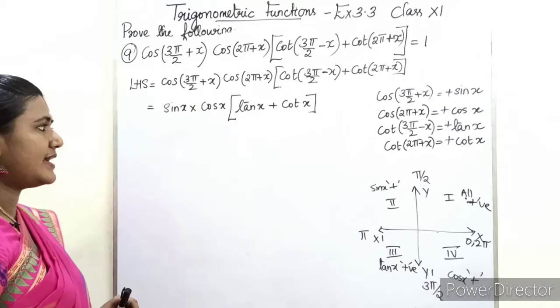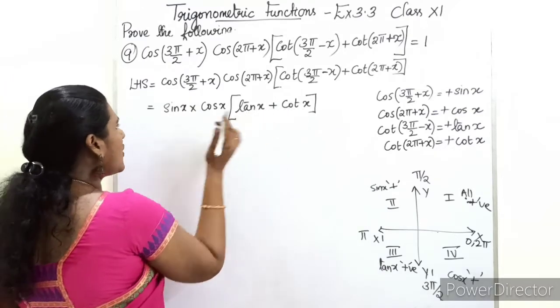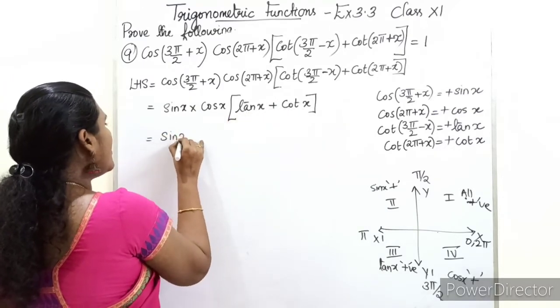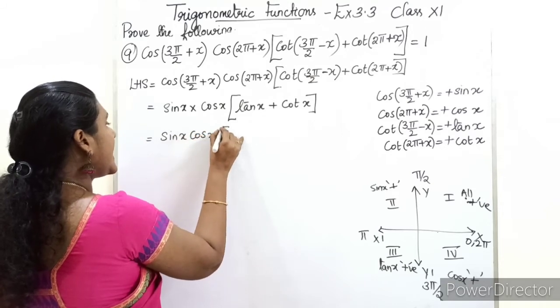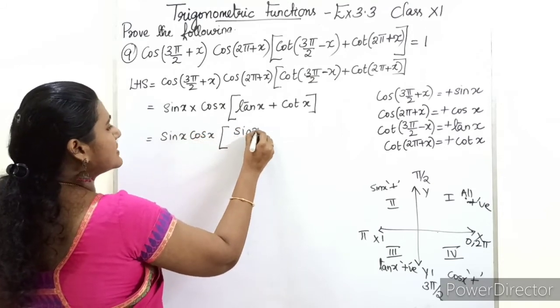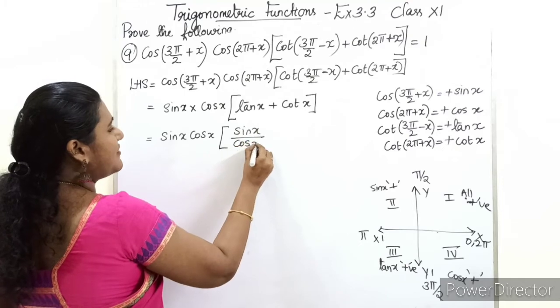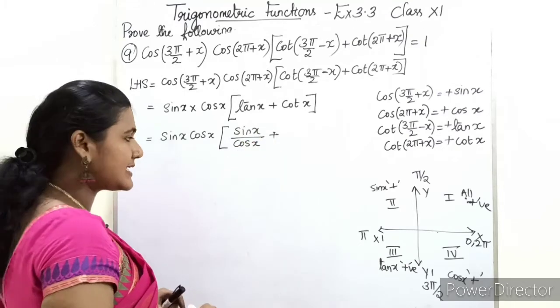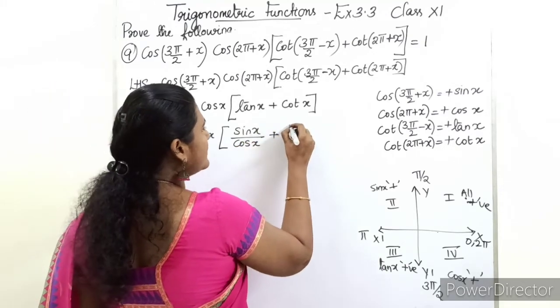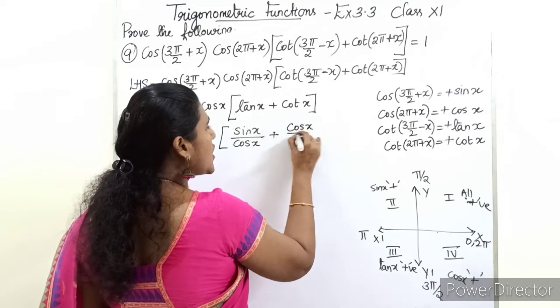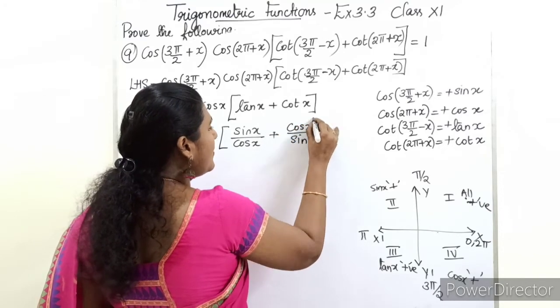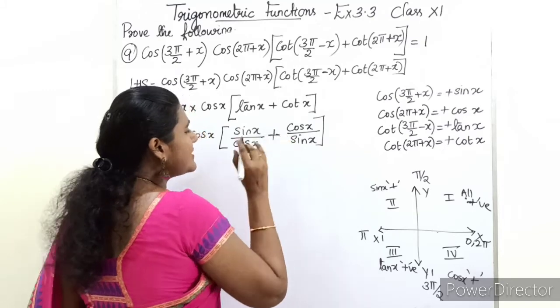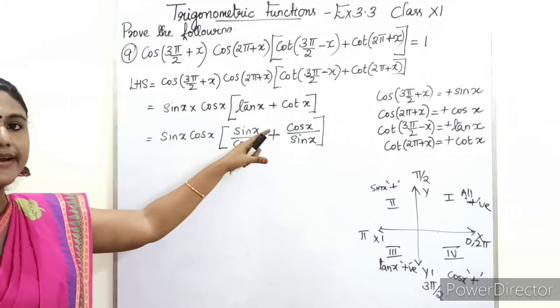Now we will simplify this. In the place of tan and cot we will substitute the formula. What is tan x? Tan x is sin x by cos x. So in the place of tan we will write sin x by cos x, and in the place of cot x we will write cos x by sin x. Now we will take the LCM and simplify the expression inside the bracket.